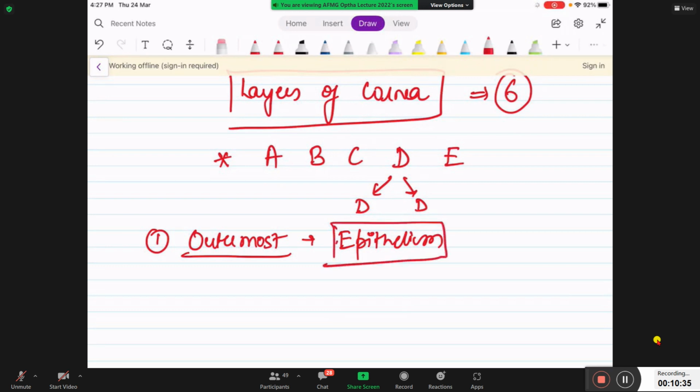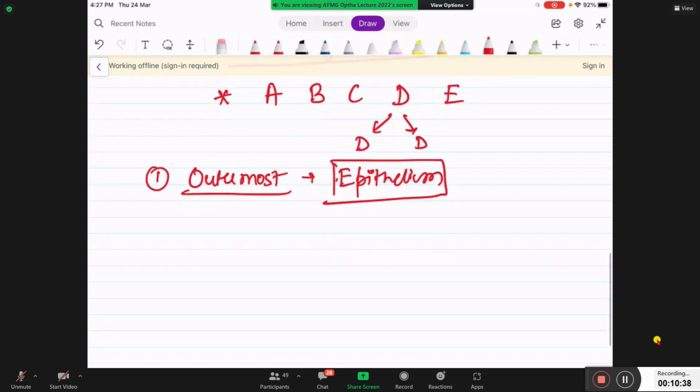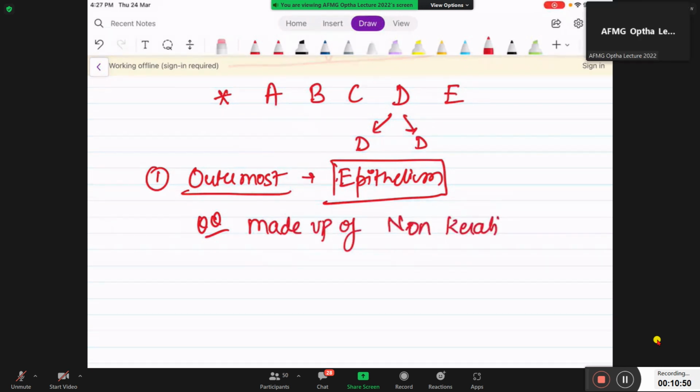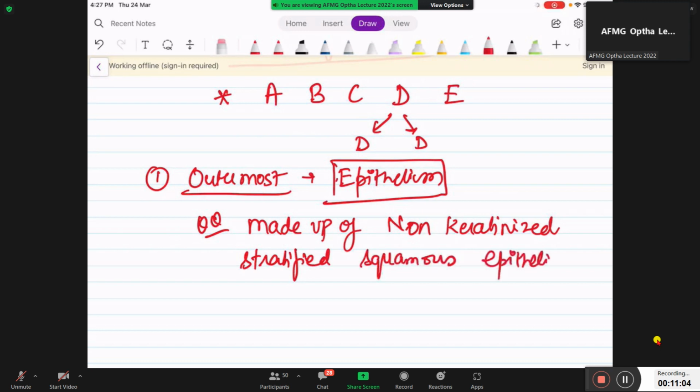Now the question which is asked in exam is, write down, this epithelium is made up of non-keratinized stratified squamous epithelium. So the outermost layer of the cornea is made up of non-keratinized stratified squamous epithelium.